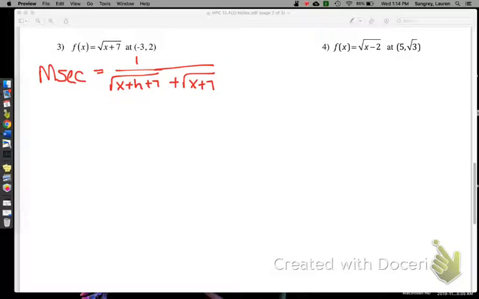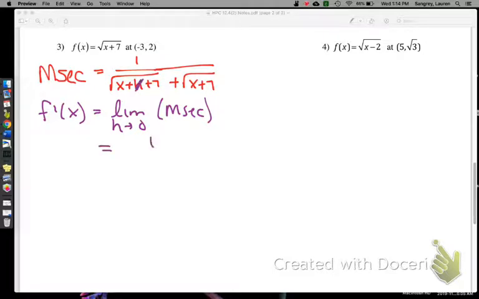All right, next step is to take the derivative, which is the limit as h approaches 0 of that slope of your secant line, which means any h is going to be replaced with 0. So this h is gone. So what we're left with is 1 over the square root of x plus 7 plus the square root of x plus 7.